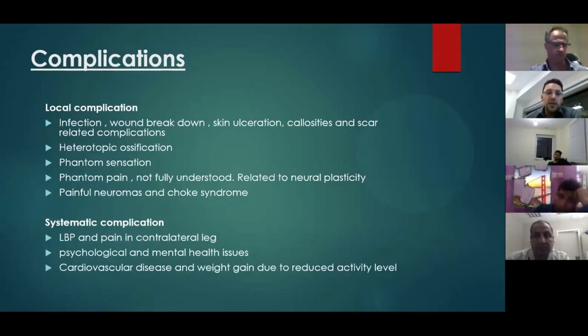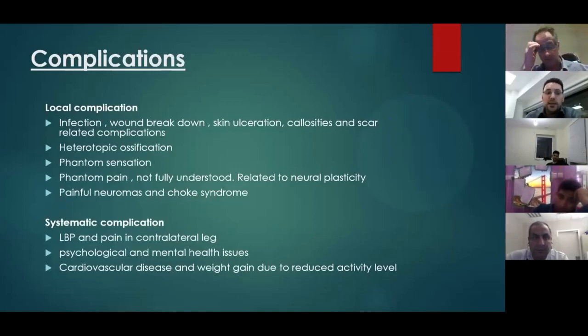Phantom sensation is when the patient feels part or the whole limb is still there, and another possible complication is phantom pain. Not fully understood, but I believe it is related to neuroplasticity. Painful neuroma and choke syndrome. As I mentioned, painful neuroma is inevitable, but the only way it could help is to make sure the nerve ends are away from the stump.